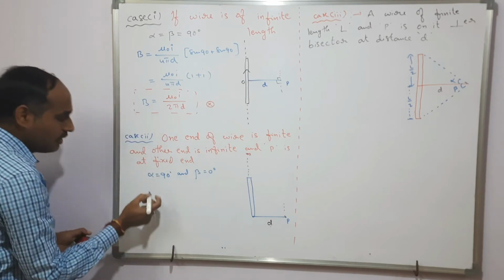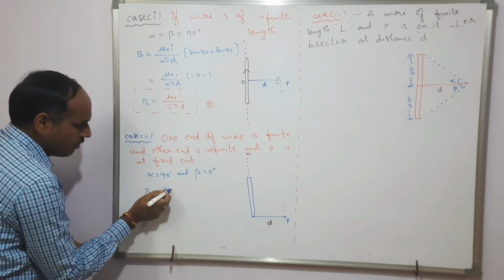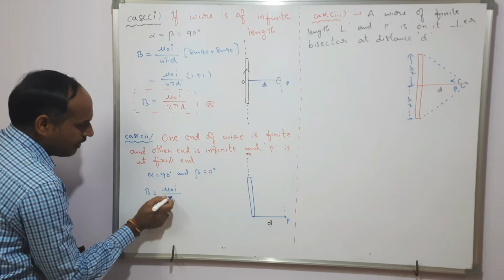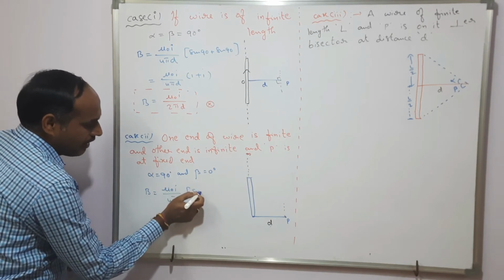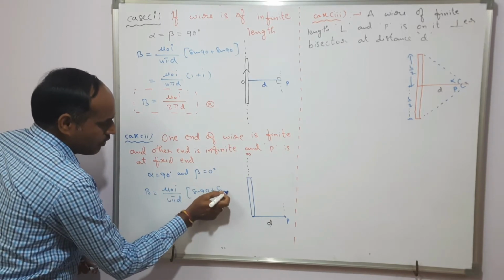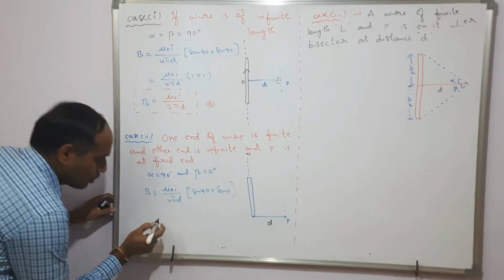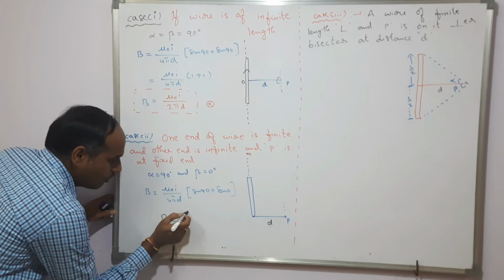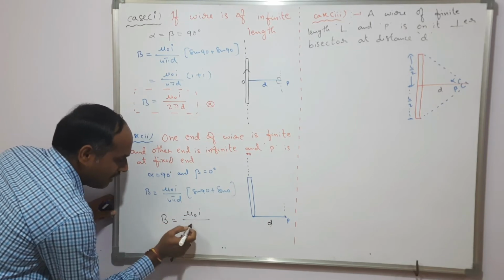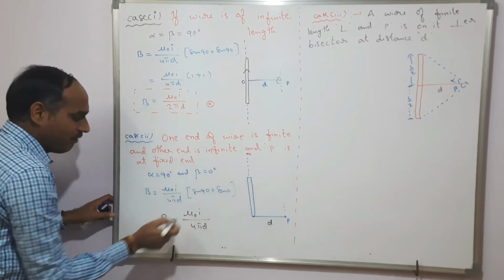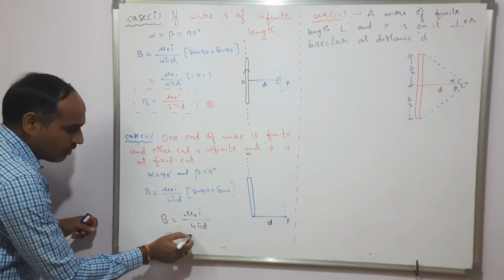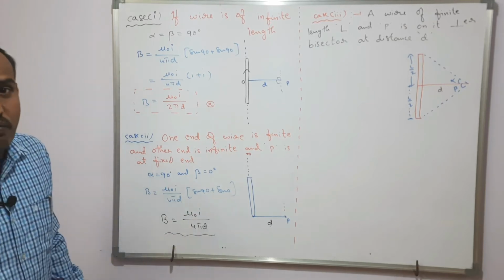So by using the expression B is equal to mu naught I by 4 pi d of sin 90 plus sin 0 here. So sin 0 is 0, sin 90 is 1. So the expression for B due to the conductor of which one end is finite and another end is infinite is B is equal to mu naught I by 4 pi d.